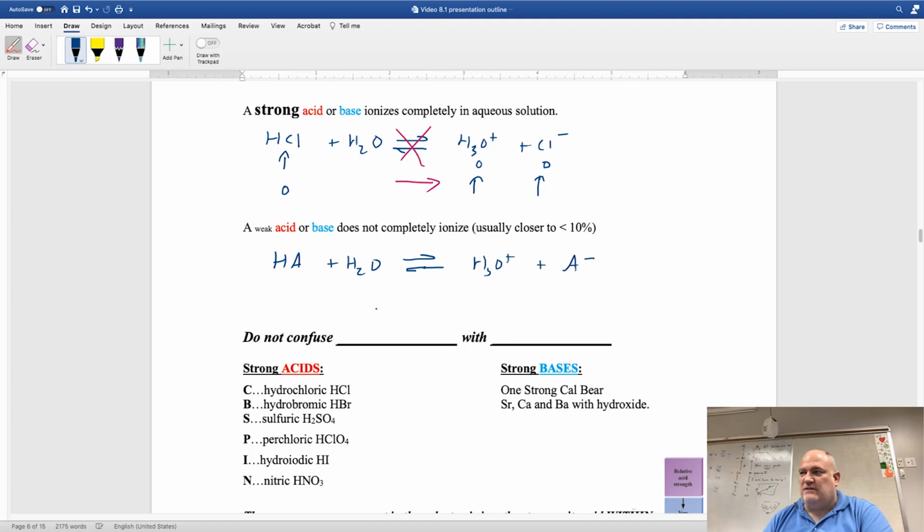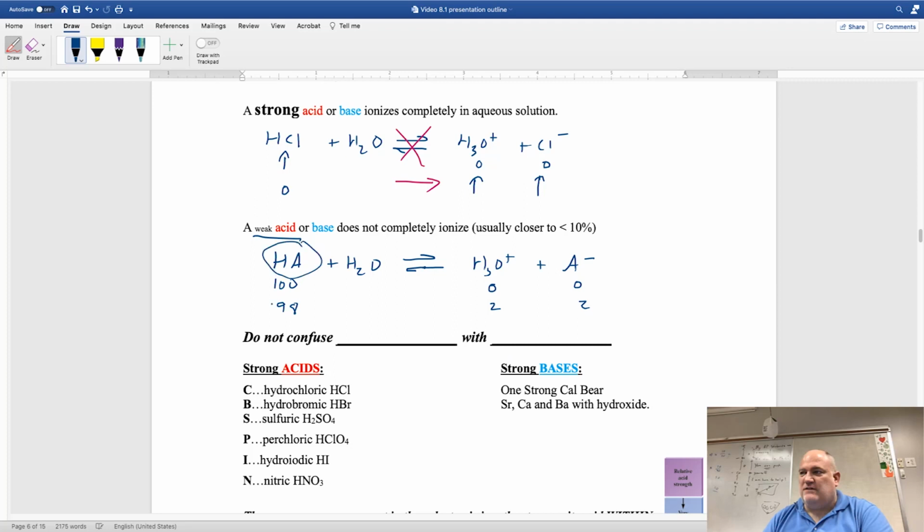But here's the thing: in this case, more than 90% of the original HA stays over here. So let's say we have 100 here to begin with, and we have 0 and 0 when we're throwing it in. When we get done, we may still have, I don't know, 98 here and 2 and 2 here. Which means that for a weak acid, the majority of the H pluses don't leave, and they stay with this.